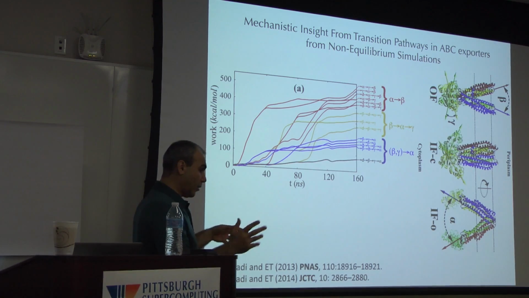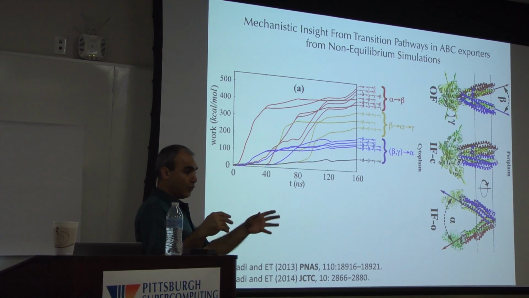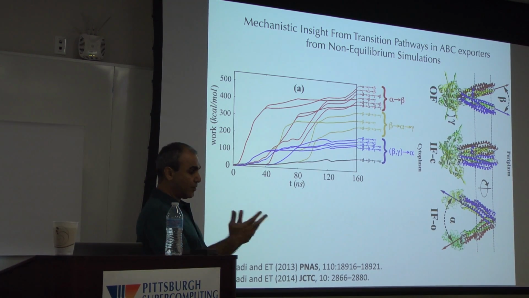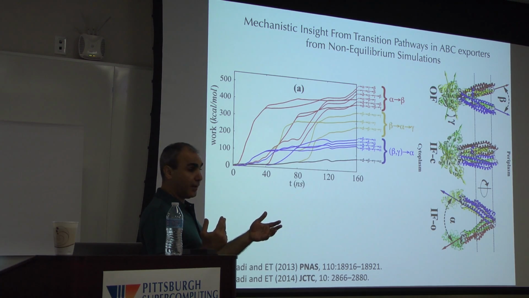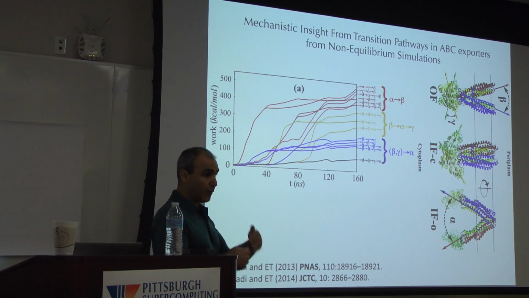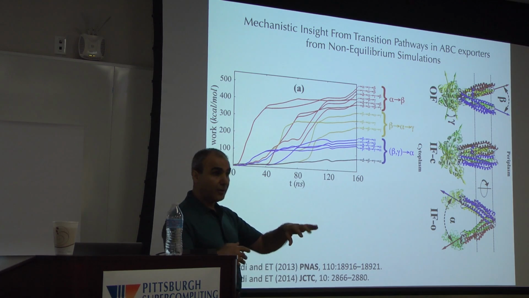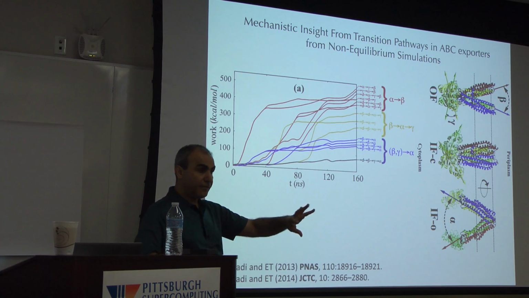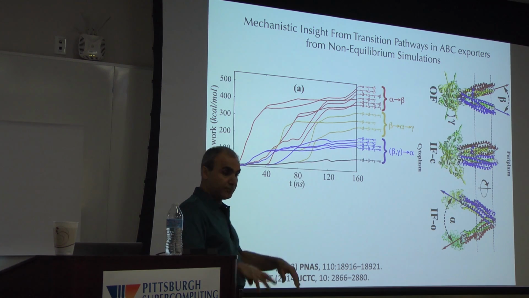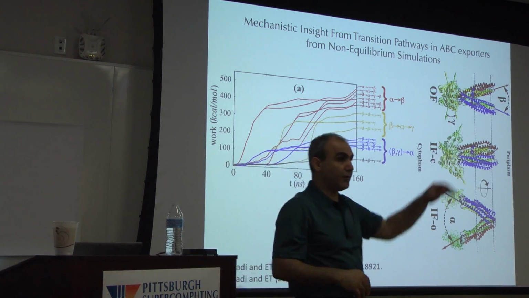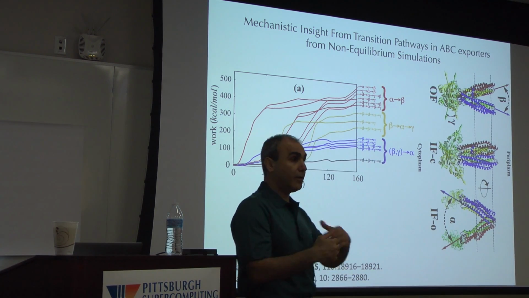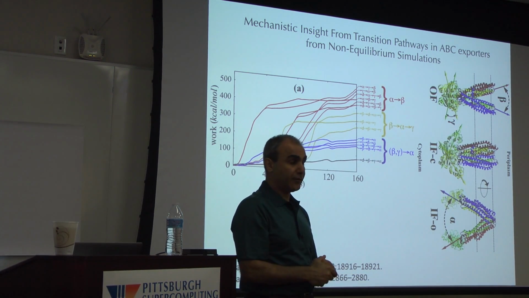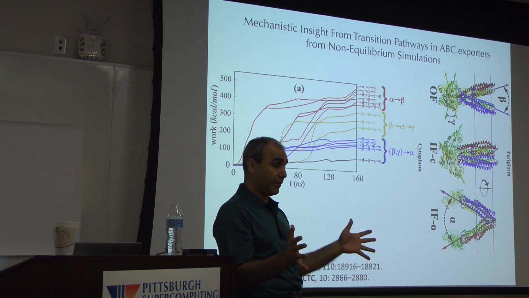You want to sample how lipids are moving, or you want to have different arrangements of lipids around your protein. Instead of running one simulation and waiting for lipids to move, you can have 5 simulations with different initial arrangements, putting them in different parts of the configuration space initially, and then run 5 simulations each 20 nanoseconds. You get 100 nanoseconds of better sampling.